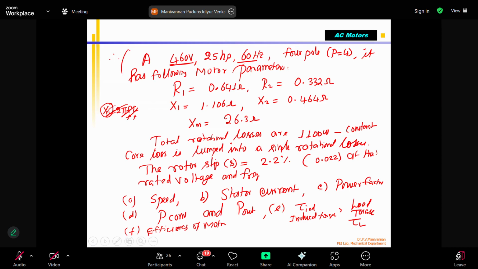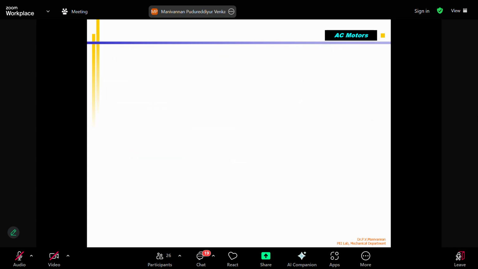Okay. Let us do one by one using the equations we learned yesterday. First thing is they ask you to find out speed, which is nothing but ns. Ns is nothing but synchronous speed. Synchronous speed we need to find out. We know that ns equal to 120 f divided by p, and we know that 120 is a constant.